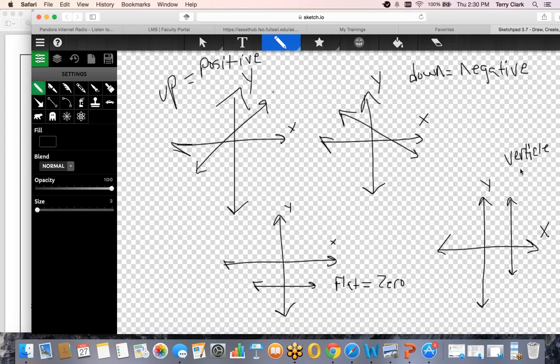All right, that one's going to be undefined. It kind of is undefined. That's going to be undefined. So we'll take flat out and put horizontal.